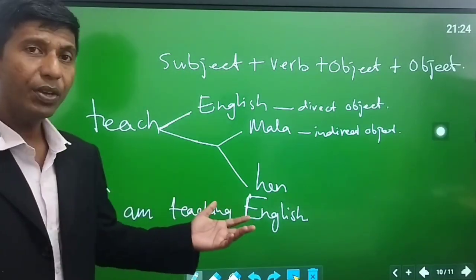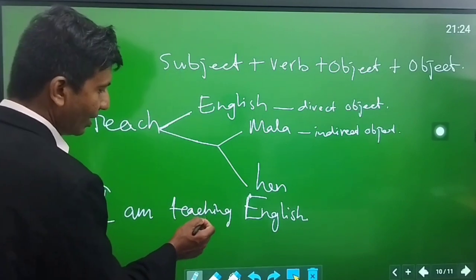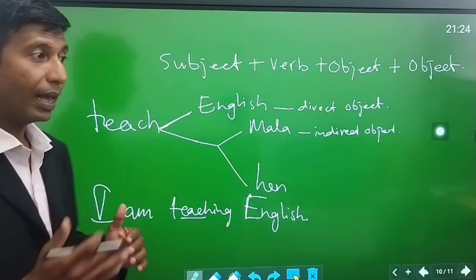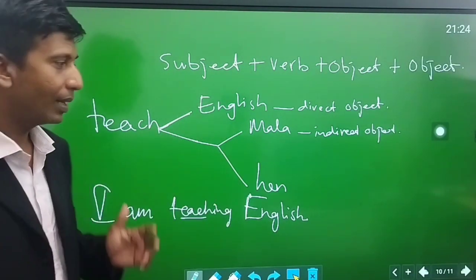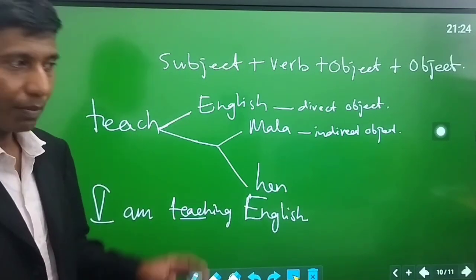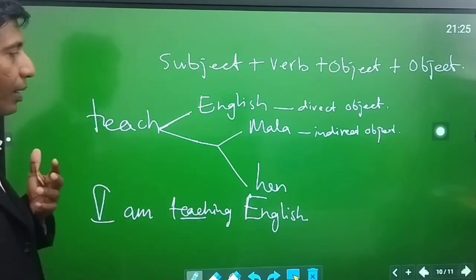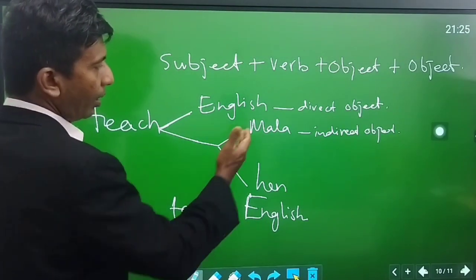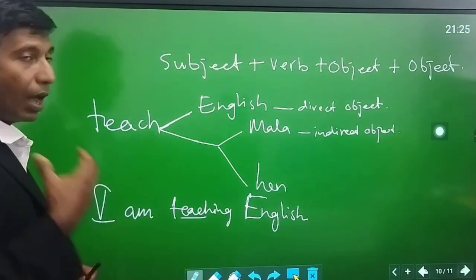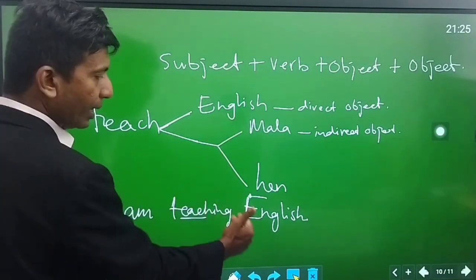I am teaching English, but the point is, teaching is a verb that takes two objects. That means this sentence is incomplete. I must place the indirect object also. Now my indirect objects are Mala and her. First I am going to add Mala to this sentence.